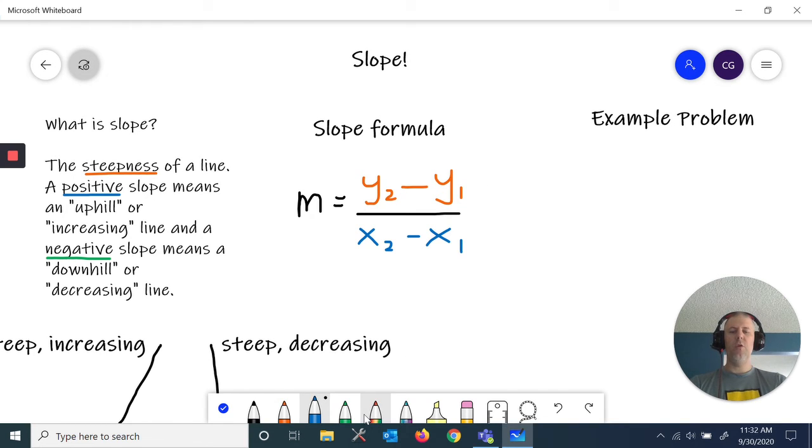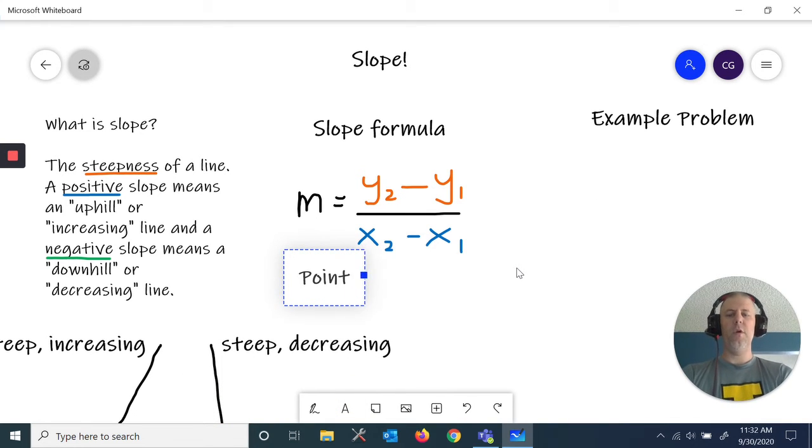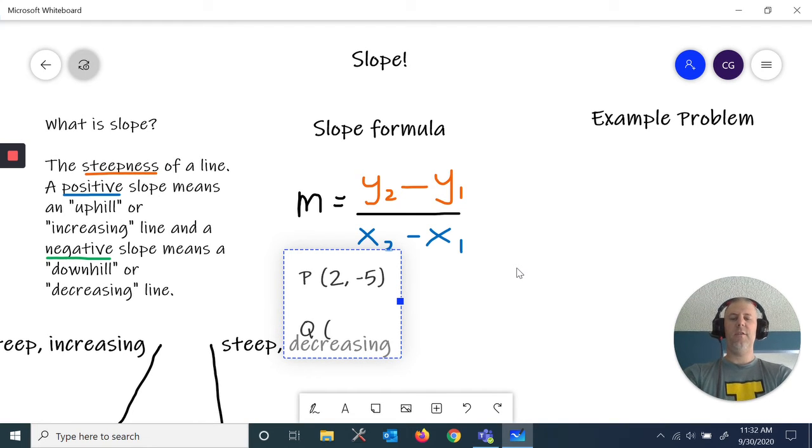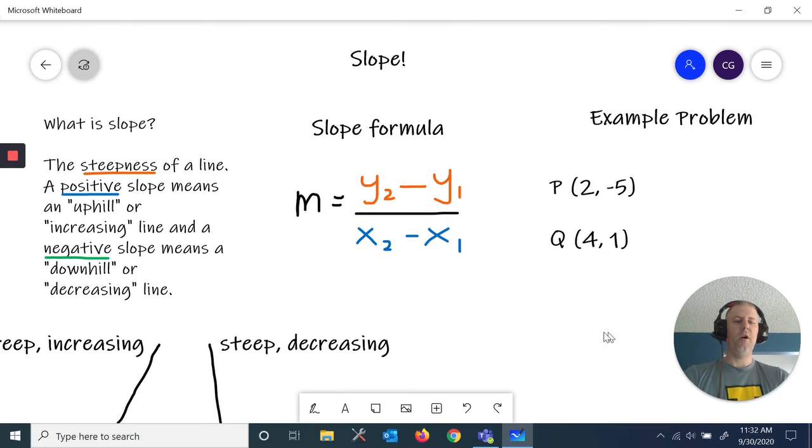And so let's talk about doing an example problem. Let's do point P is at (2, -5), and point Q is at (4, 1). Okay, so there's the example problem. To calculate the slope, we're going to substitute those into our slope formula.